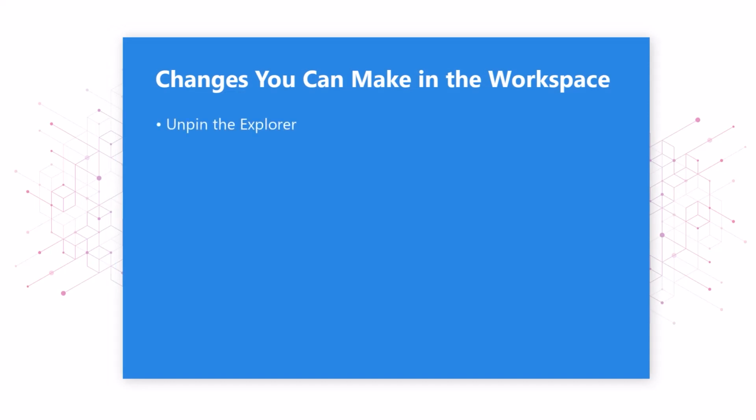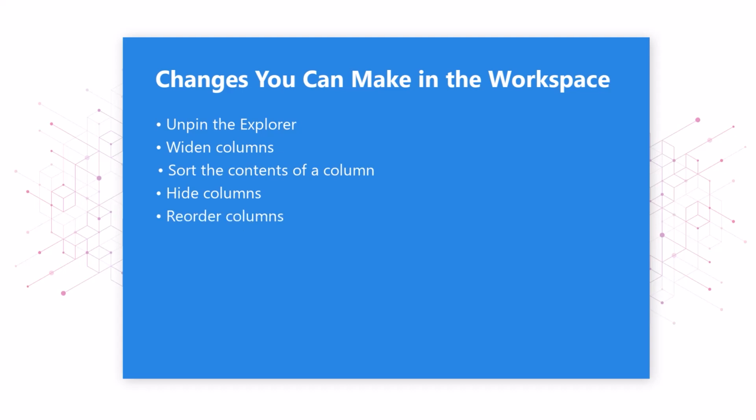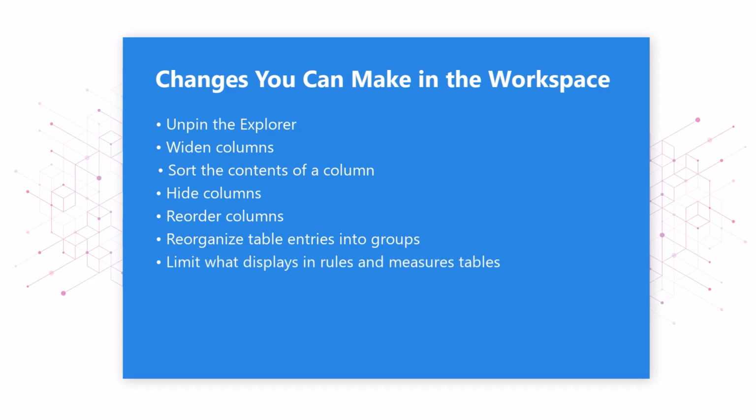Unpin the Explorer to make more room for the main table display. Widen columns. Sort the contents of a column. Hide columns. Reorder columns. Reorganize rules or measures table entries into groups of similar entries. And limit what displays in the rules or measures tables to a particular type of entry, for example, source rules only.